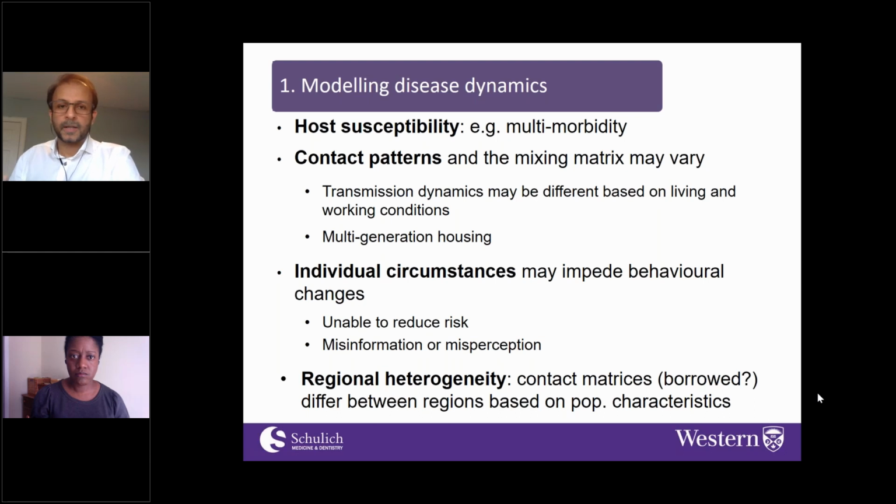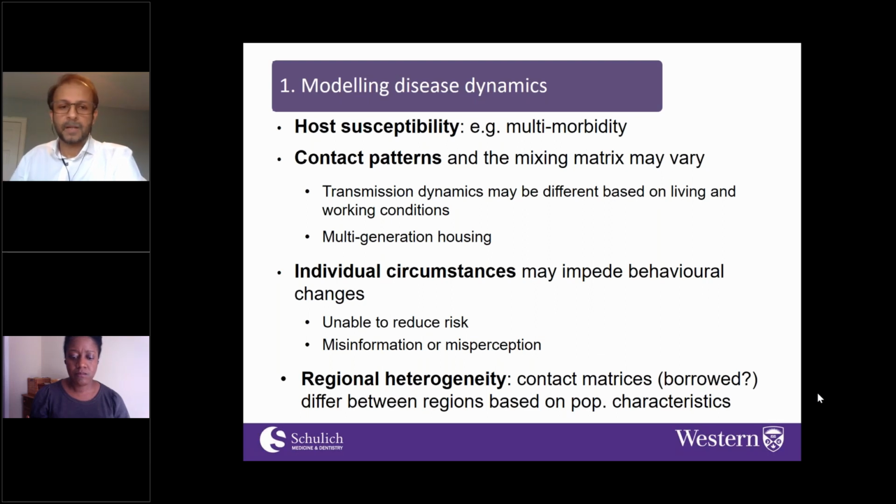There's also consideration in relation to contact patterns and mixing patterns. So, for example, if you're living in an urban slum in a developing country, then your interaction with other individuals living within the same environment is going to be much greater compared to an academic who lives in Canada and can work from home.